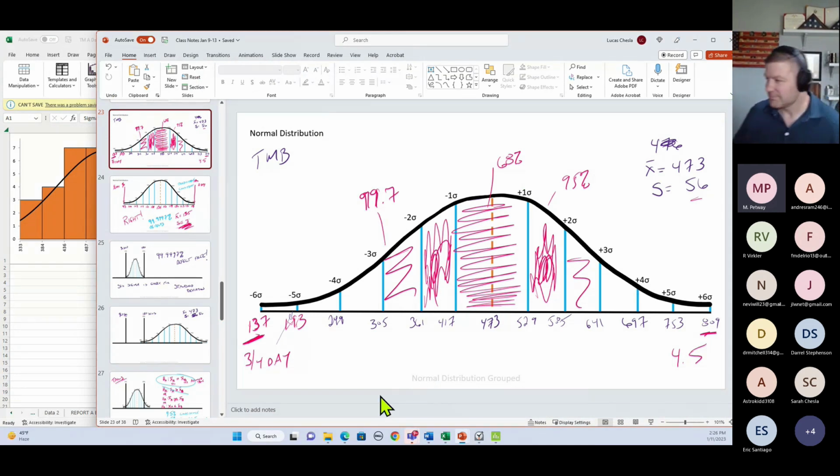536. Now, going back to needing this empirical rule here, this is very, very important. 536, right? Yep. So 536 falls, I don't know, right here-ish.